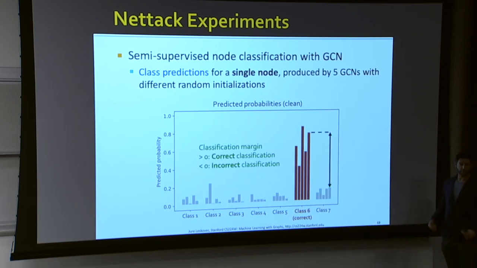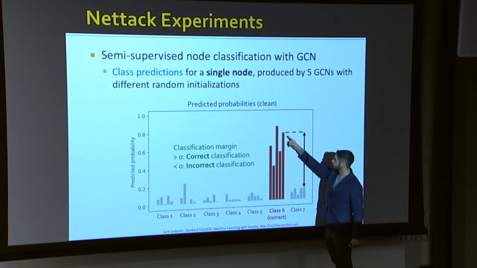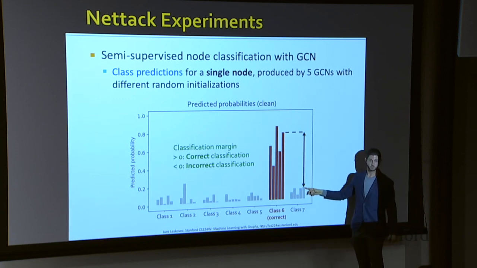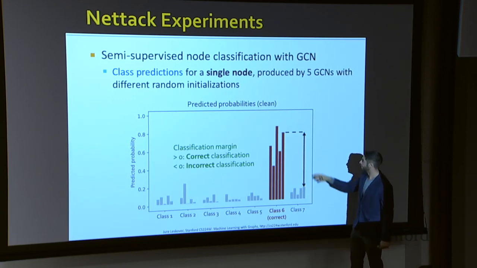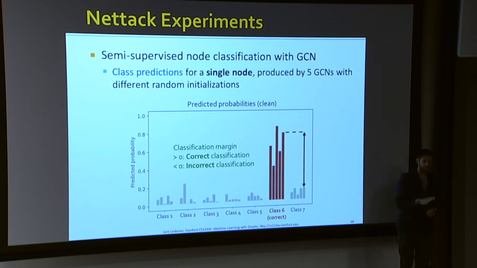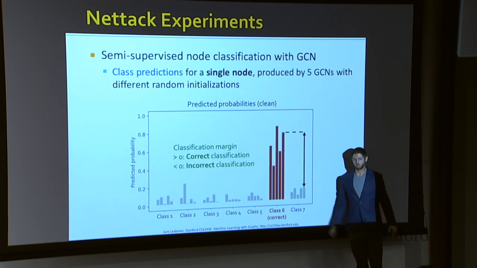Now, what we care about is the classification margin, which is the difference between the highest probability and the second highest probability that we see in our plot. If this margin is very small, then we have high uncertainty about the classification. Conversely, if it's very high, then we trust this classification.